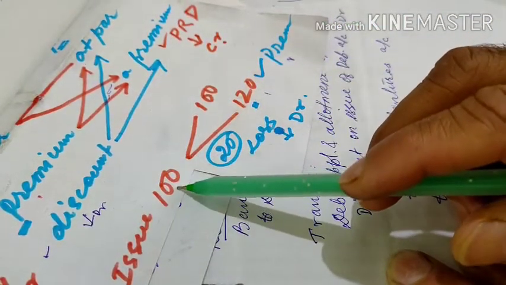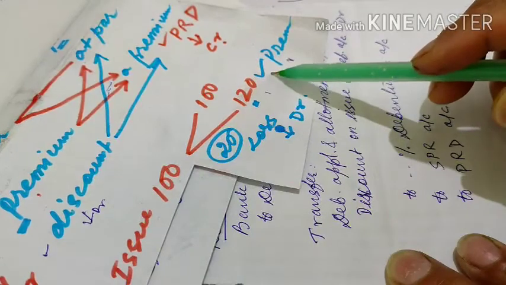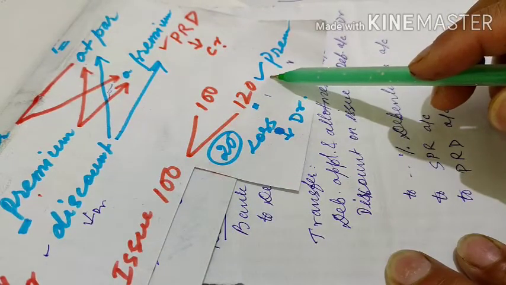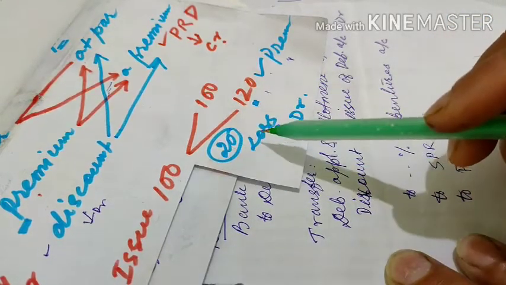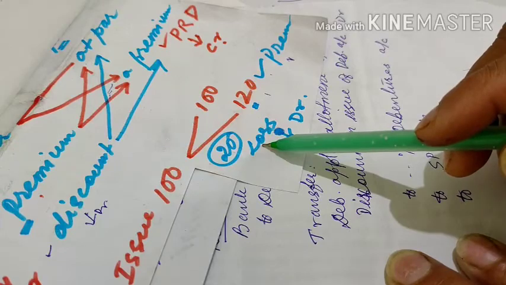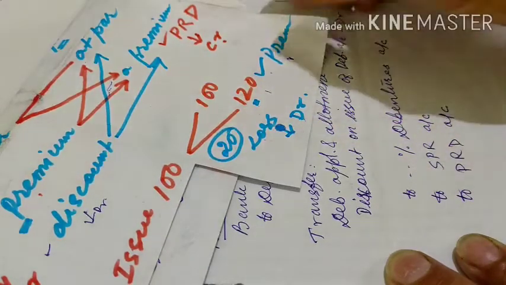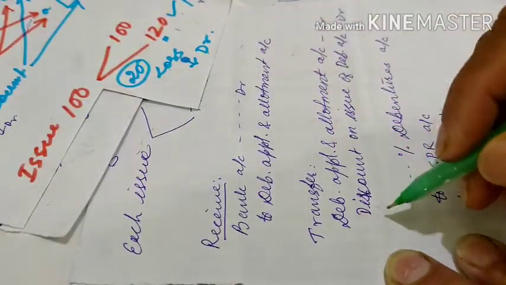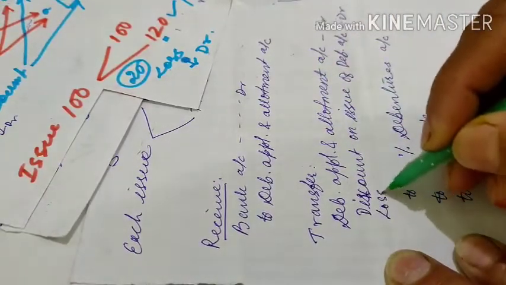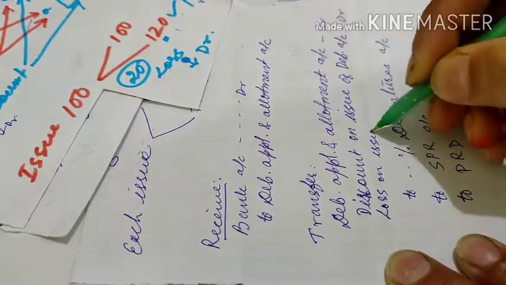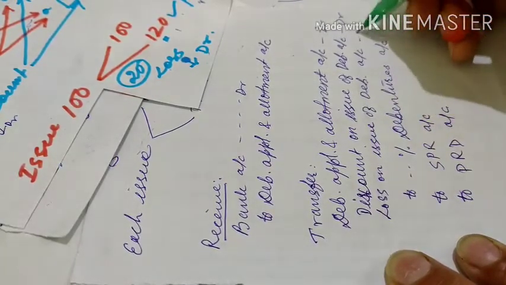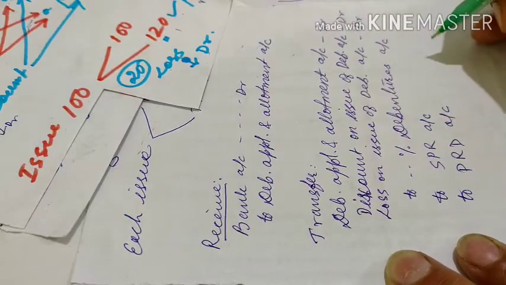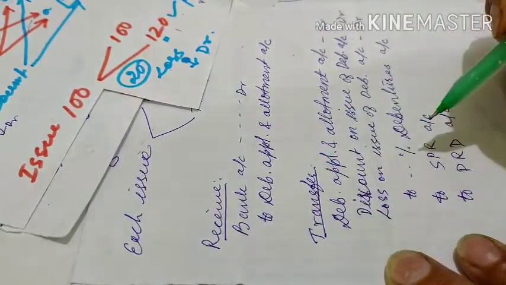When the debentures are issued at 100 and redeemed at 120, it is redeeming at a higher price, and there is a difference of 20 rupees. This 20 rupees is considered as a loss, so this loss has to be debited. So you have another debit here, and this is loss on issue of debenture account debit. So here we have the journal entry.